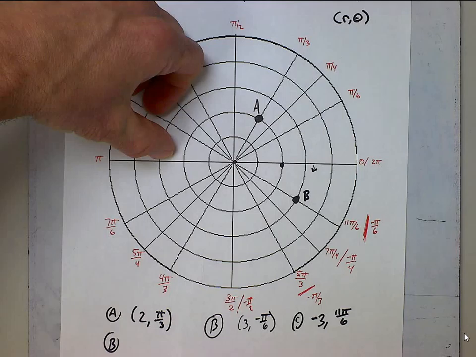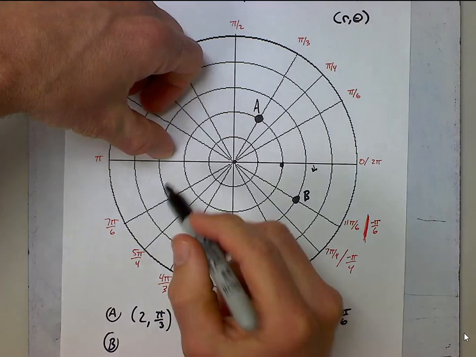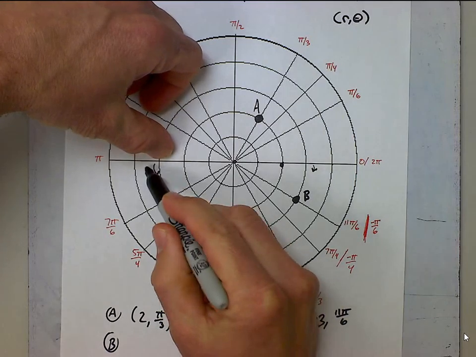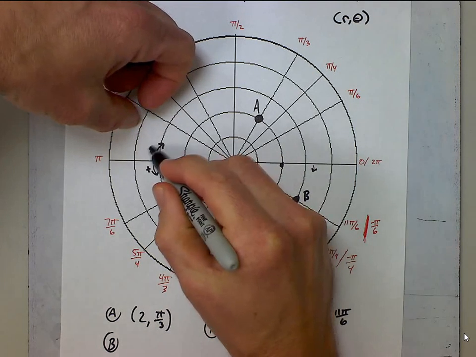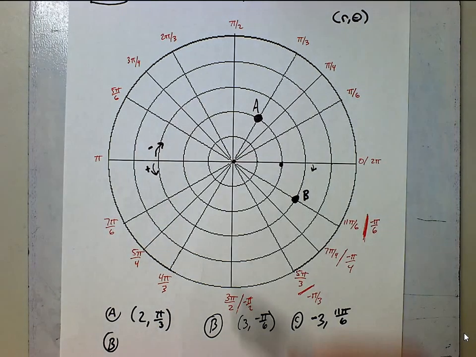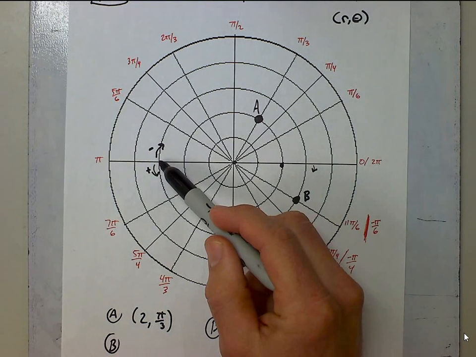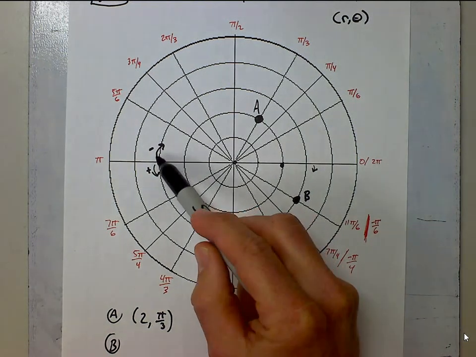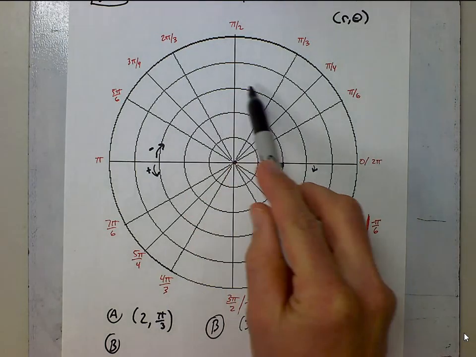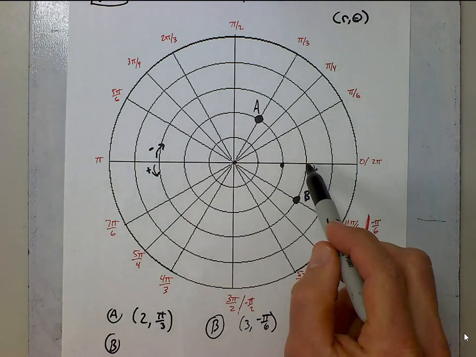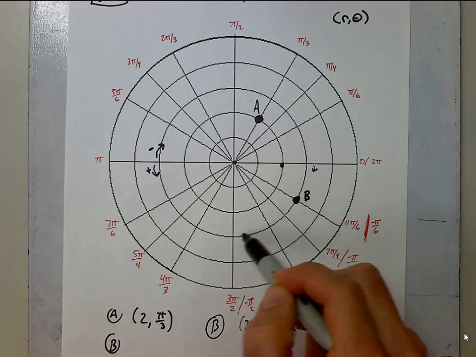Now notice that this direction is always positive for the angle, and this direction is negative for the angle. So I start here, and the negative 11 pi over 6 means I'm going to go 11 pi over 6 in this direction, so there's negative pi over 2, negative pi, negative 3 pi over 2, all the way to here.